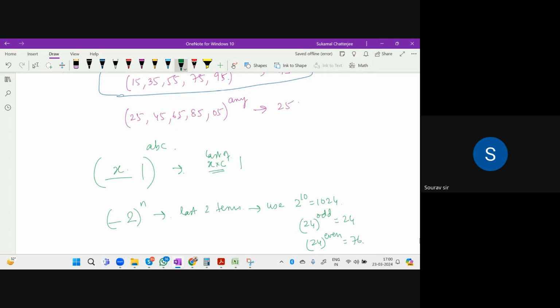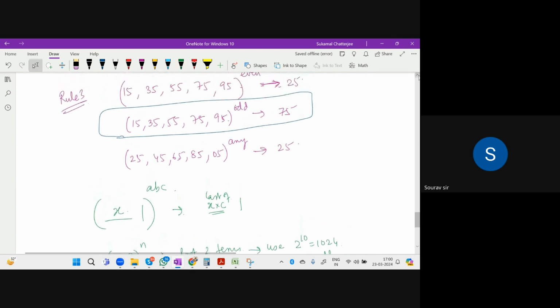And the third rule is just remember the exception: 15, 35, 55, 75, 95 to the power odd will give you 75. Clear? Yes, sir. Understood? That's all you need to know to find out the last two digits of any number, power of any number.